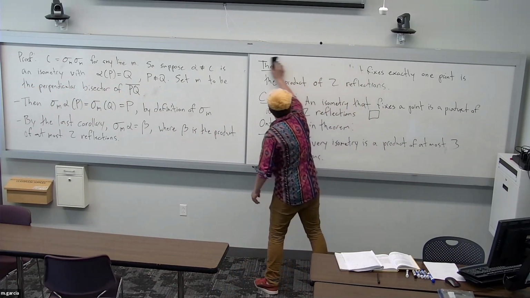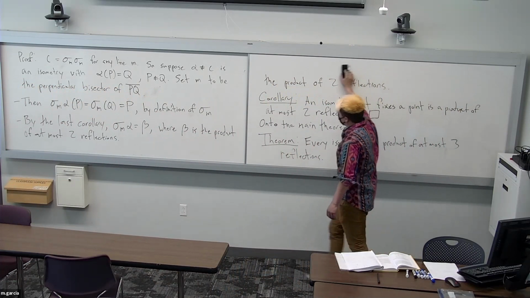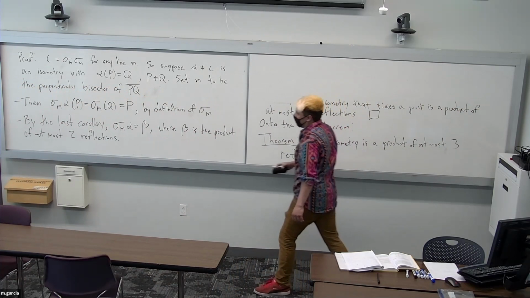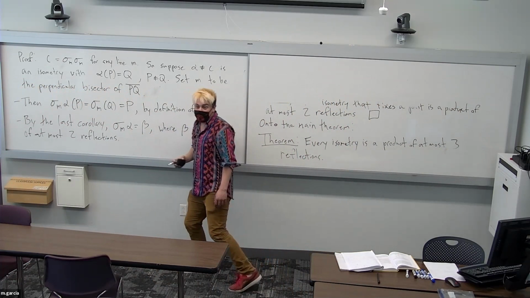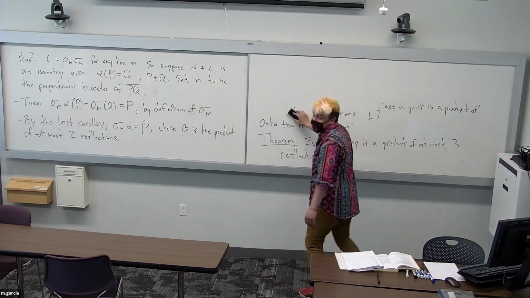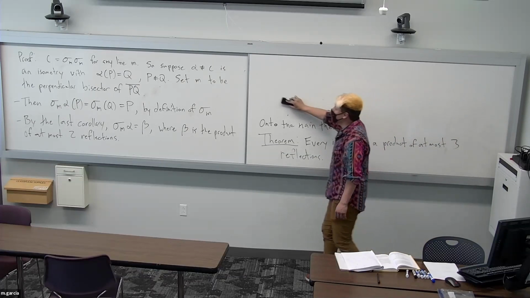So now we're basically done. Because I can multiply both sides of this by sigma m, which is the inverse of sigma m, a reflection being an involution.